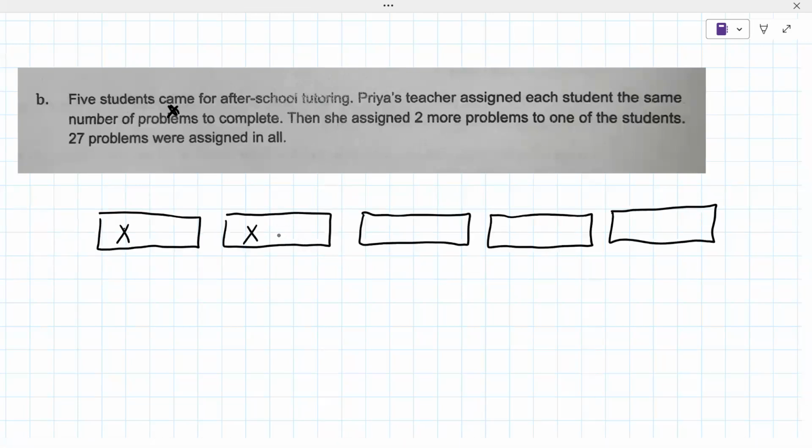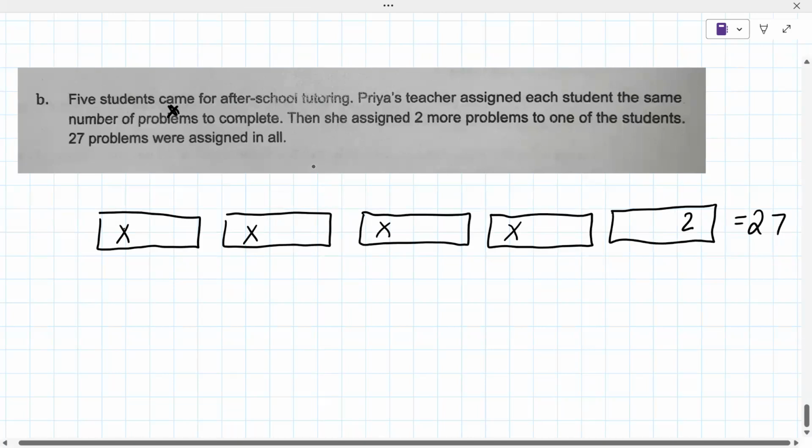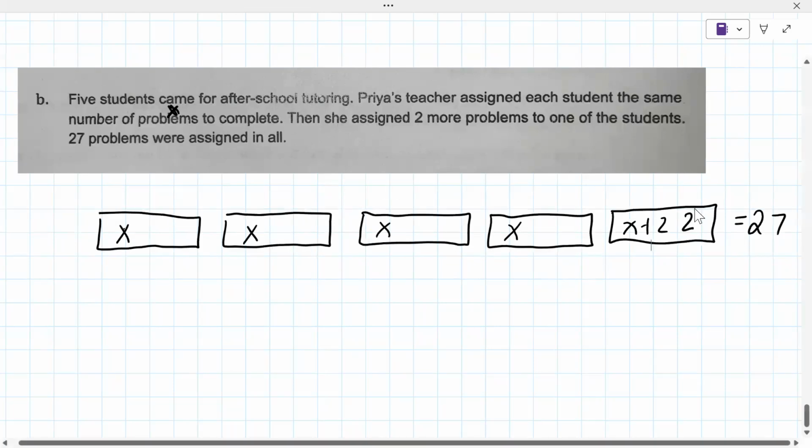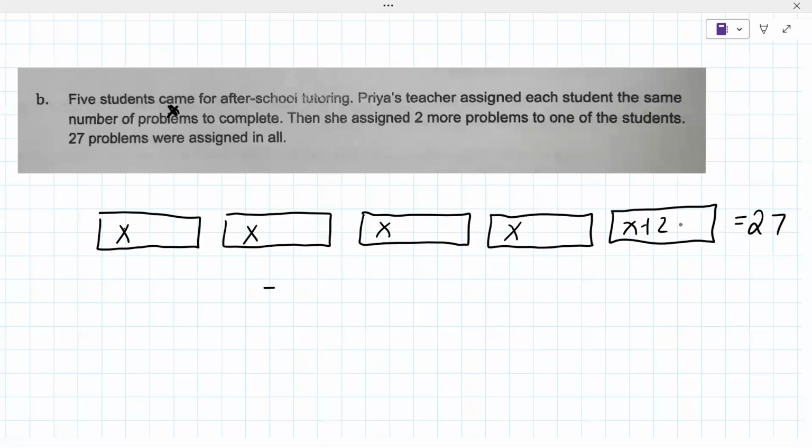X. And how about the last one? X plus 2. Very good. So how many X's do you see? 5. And then you add 2 to get 27.